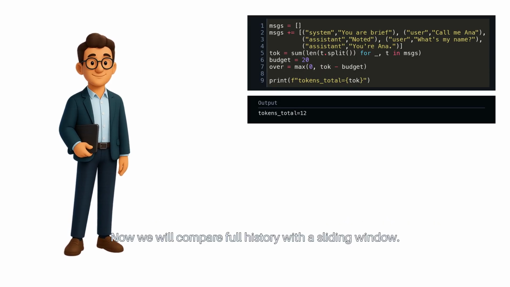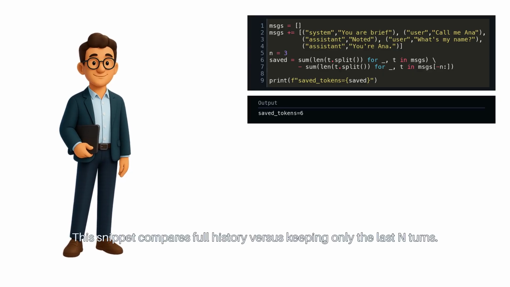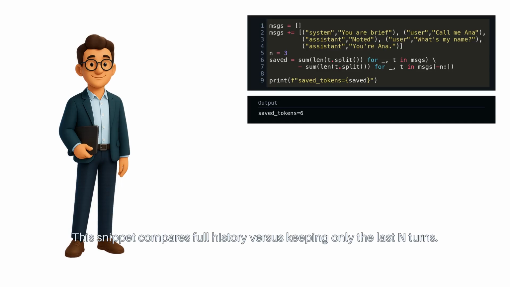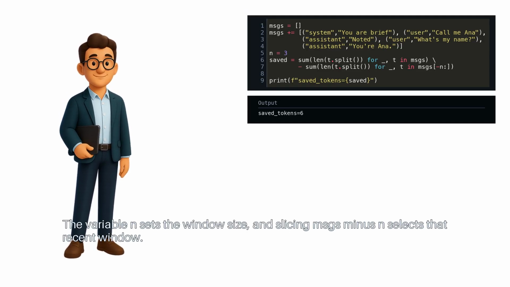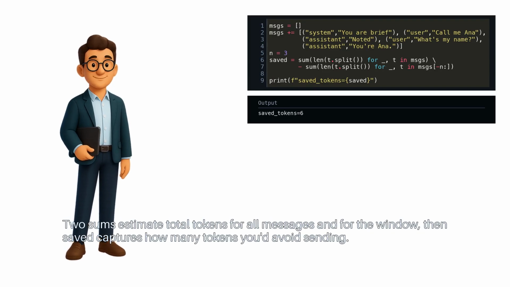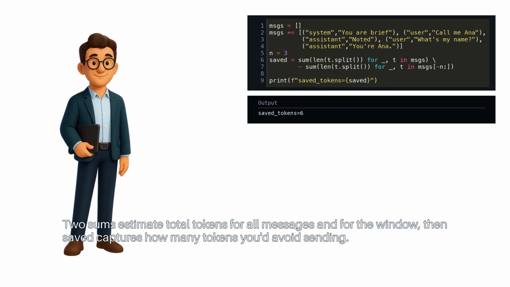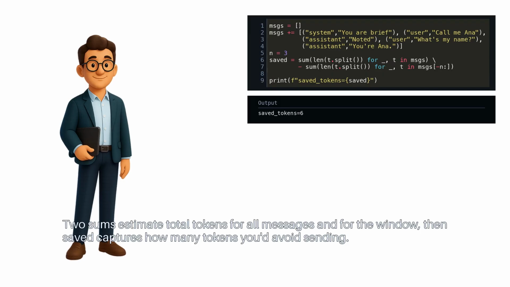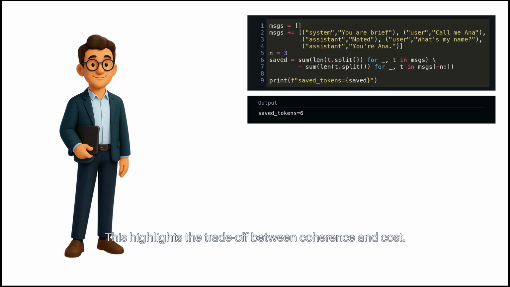Now we will compare full history with a sliding window. This snippet compares full history versus keeping only the last n turns. The variable n sets the window size, and slicing messages[-n:] selects that recent window. Two sums estimate total tokens for all messages and for the window. Then saved captures how many tokens you'd avoid sending. This highlights the trade-off between coherence and cost.